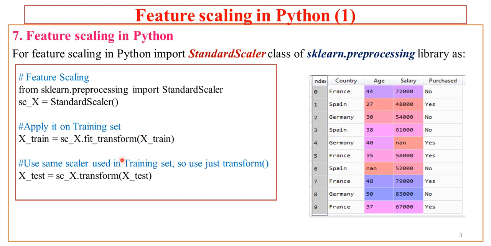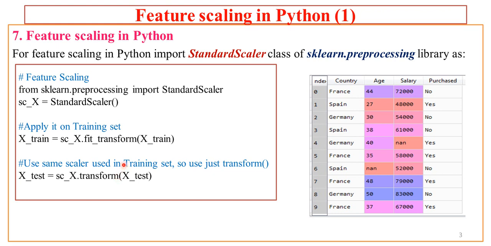So that's why we don't call the fit_transform method. Otherwise, it will calculate afresh all these standard deviation values and even mean values on the given column. We don't want that.